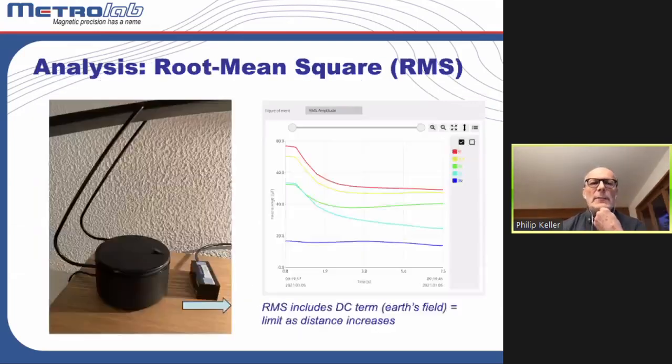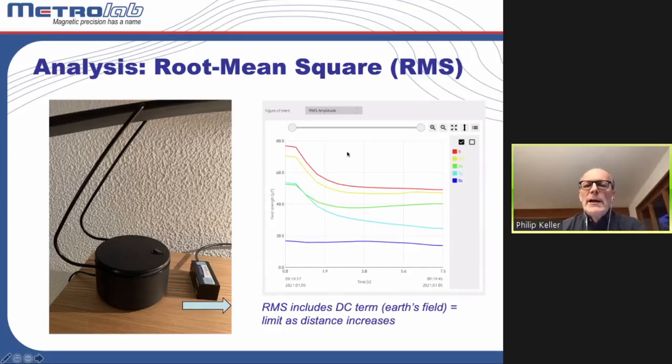Now let's talk a little bit about the various figures of merit that you can calculate. So the idea here is, instead of looking at the frequency spectrum, I want to have some sort of a figure of merit that gives me an evaluation of the complete signal, the effective magnitude of the signal. And what people usually use is the RMS value.